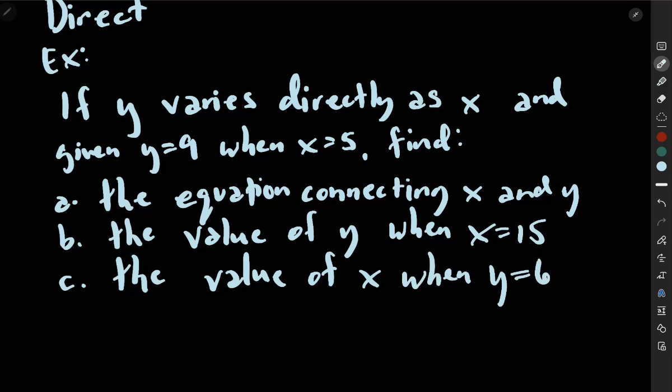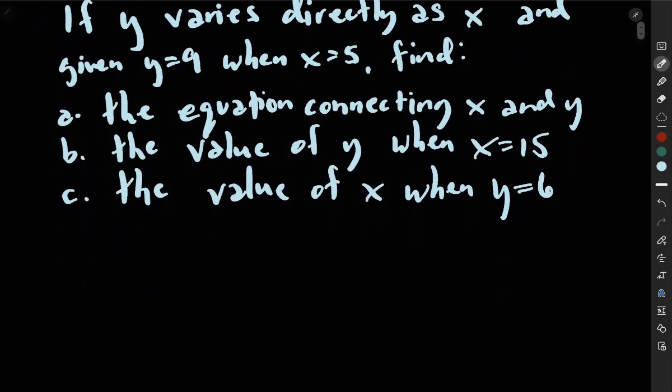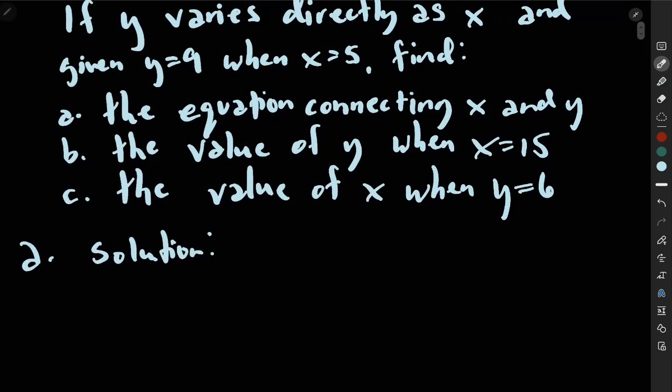All right, so for example, we have this problem for direct variation. So we're going to solve first letter A. Solution. Since it varies directly, it is actually y equals kx.